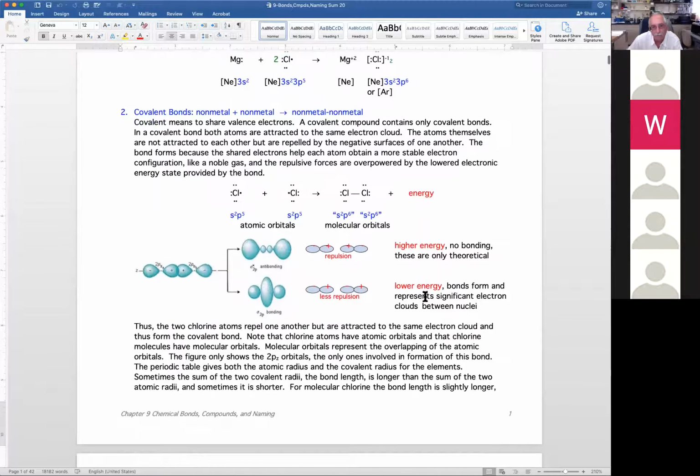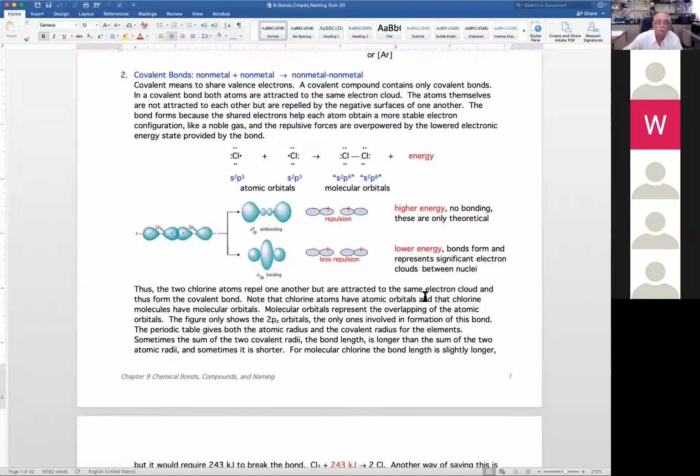What happens if you take a non-metal and a non-metal together? Well, they both want to take electrons, so they end up having to share them. So that's the whole concept there. So notice that these are empty, or not full p subshells, right? Here's the p orbitals that are not full. If I push them together, so here's the 2 nuclei right here. When it forms a bond, here's again the 2 nuclei right here.